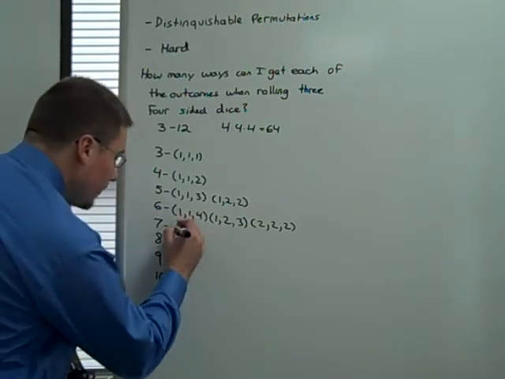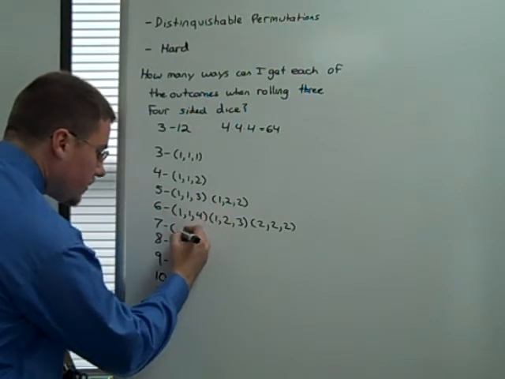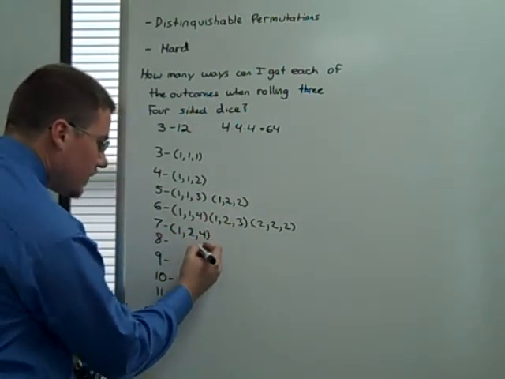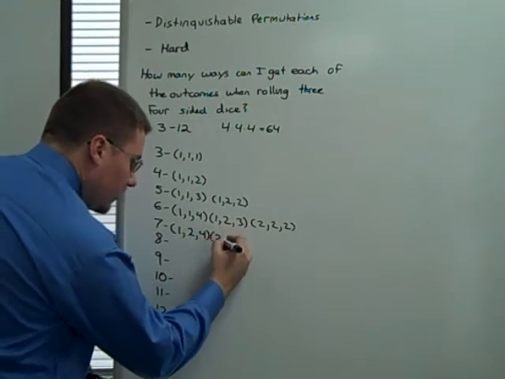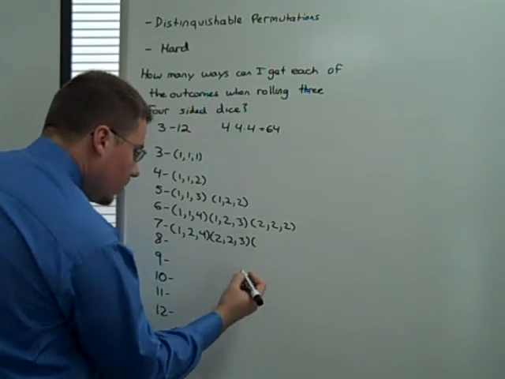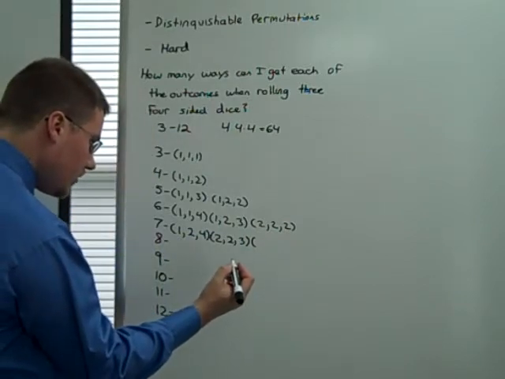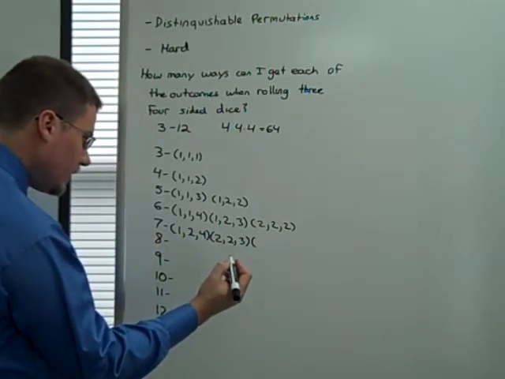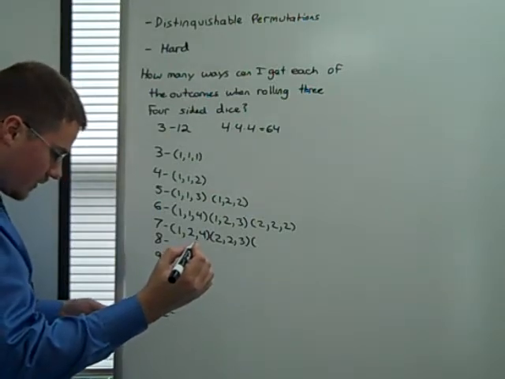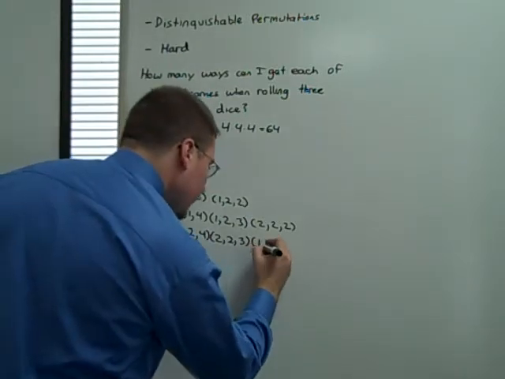So for 7, I can't add another 1 to 4, so I have to go with 1, 2, 4. I can go with 2, 2, 3. Or, let's see, 7, what am I missing? 1, 3, and 3.